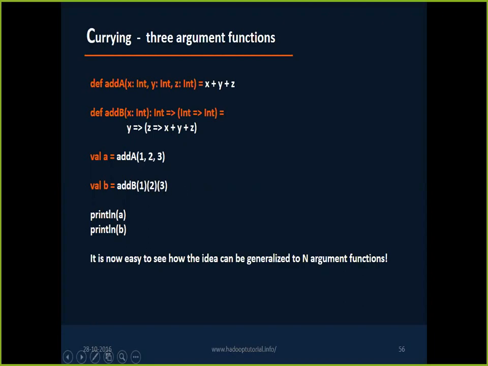Have that idea, that's it. I don't recommend you to do any currying in real time. Just have it ready for analysis purposes. There are not many real-time use cases where you need to go only for currying, and it's not mandatory in any case.